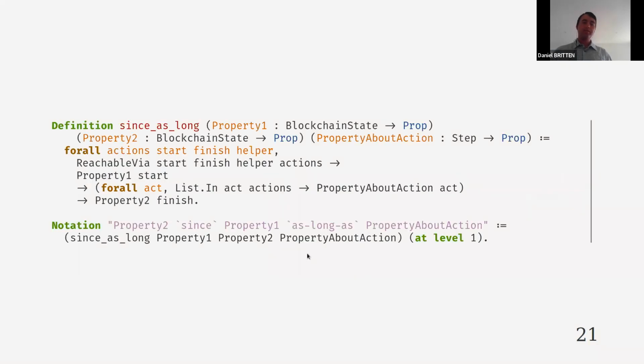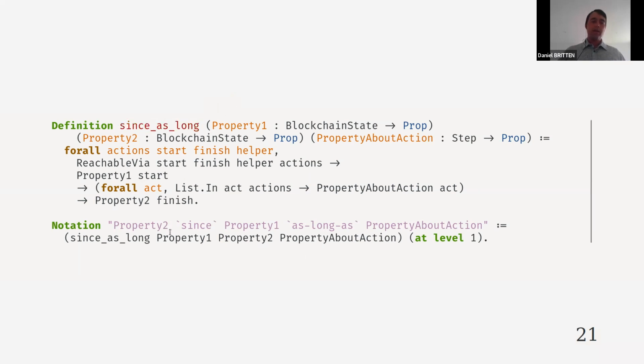So first of all, just to introduce a sort of temporal logic style predicate. We have this notion, which is based upon a paper by Ilya Sergey and others as part of their Scilla papers. This is called since as long.